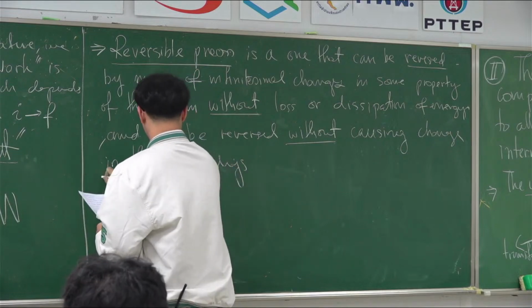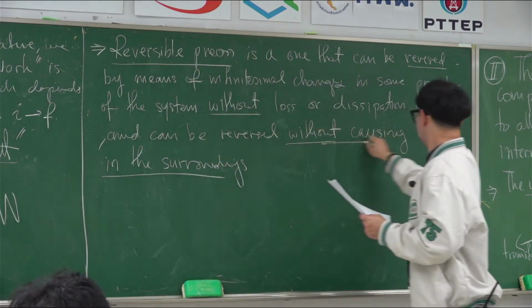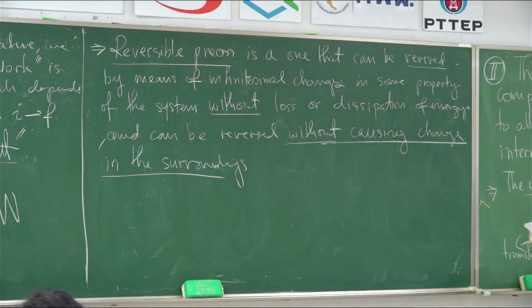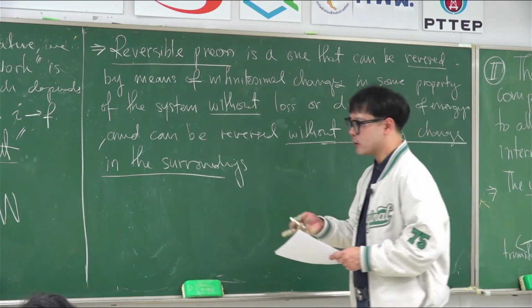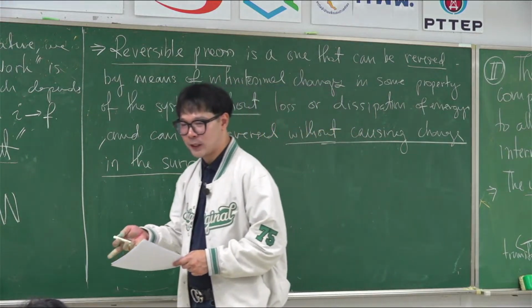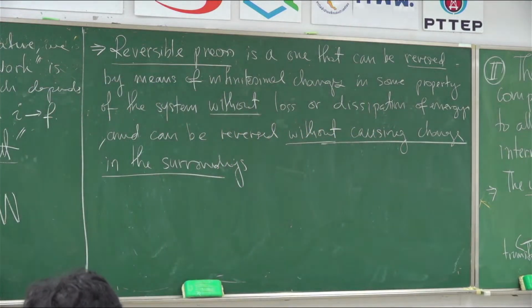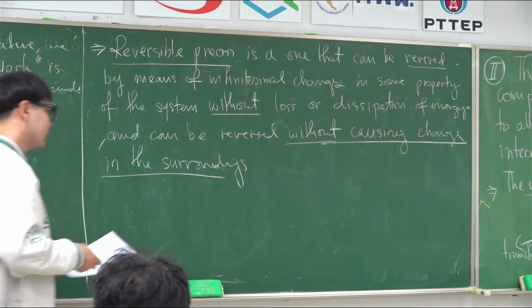That is the key thing here. Not only can your system be reversed to be the same, your surroundings have to get back to be the same as well. That is the definition of a reversible process in this context.